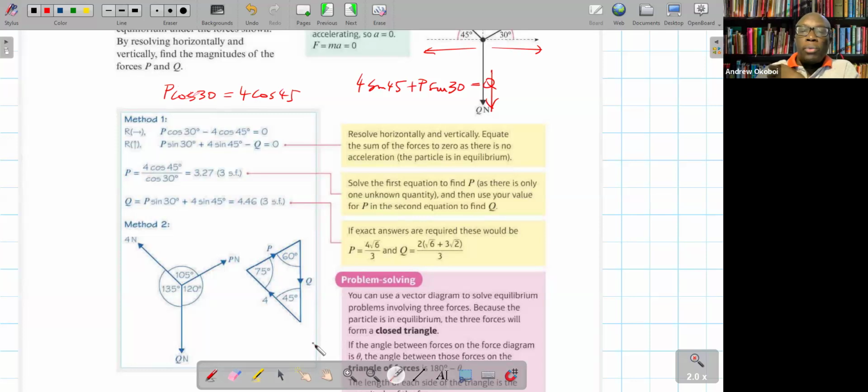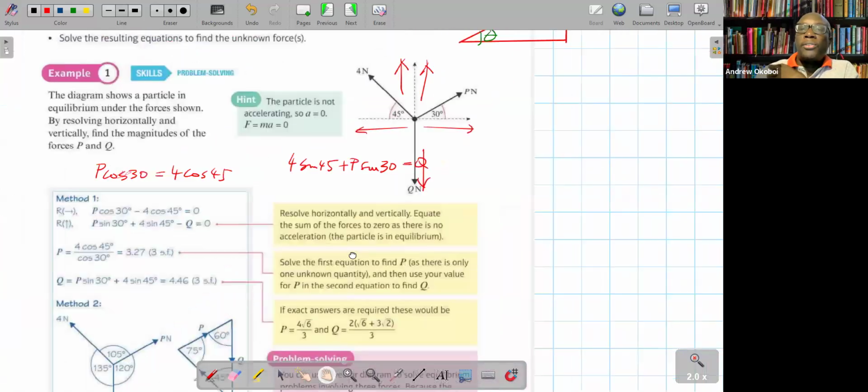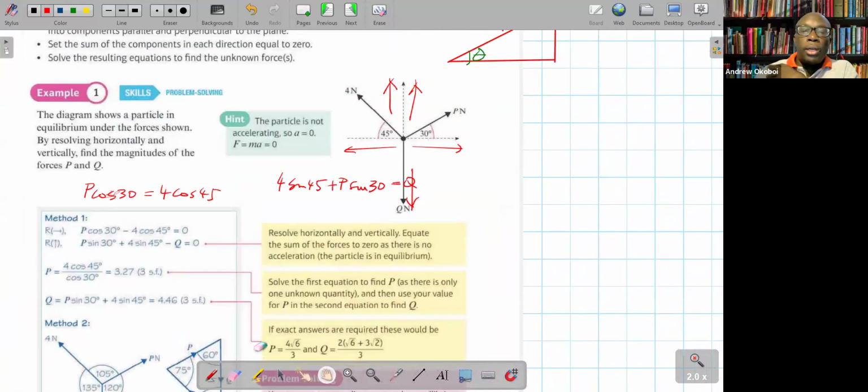Because really, I'm going to explain what they're doing, and then you will understand here. If we go back to Lami's theorem, what we're doing here is we're taking this force here and drawing it like this.